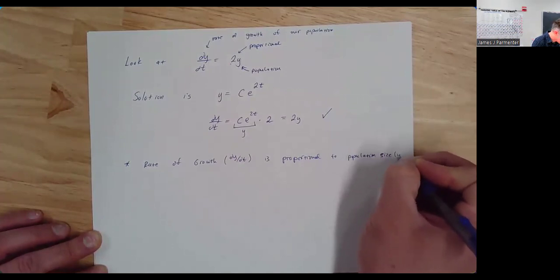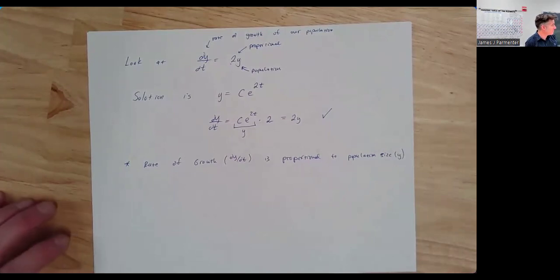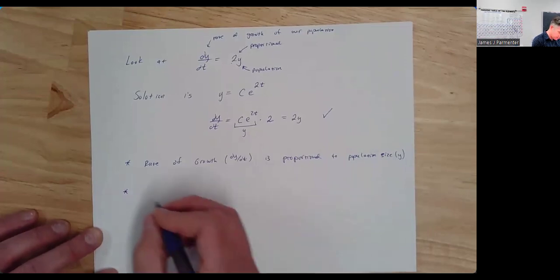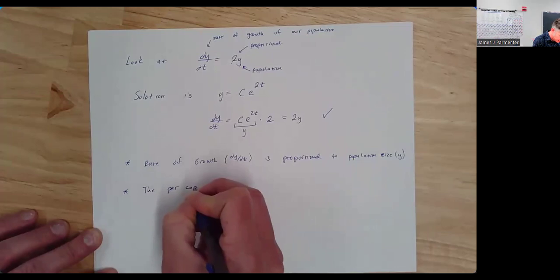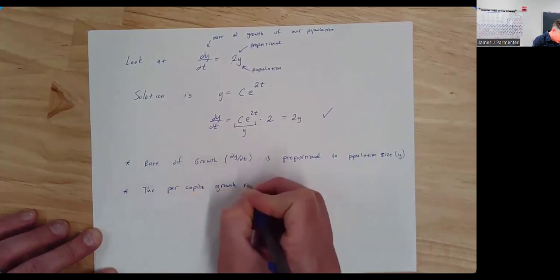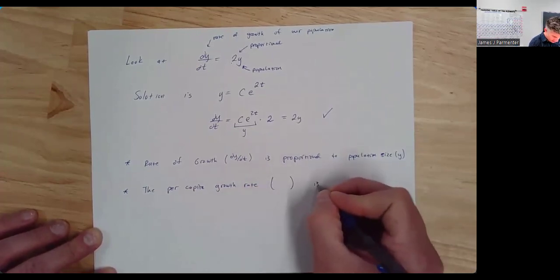The reason I mention this is because there's another way to say this with different words that means the same thing. Alternatively, you could say the per capita growth rate, I won't give it away just yet, I'm going to fill in what that is in a second, is constant.